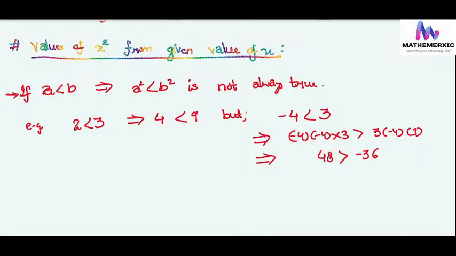So here minus 4 is less than 3. We square both of them. Squaring a negative versus a positive number, the comparison result changes. If a is less than b, and both are positive, the order stays, but here one is negative.